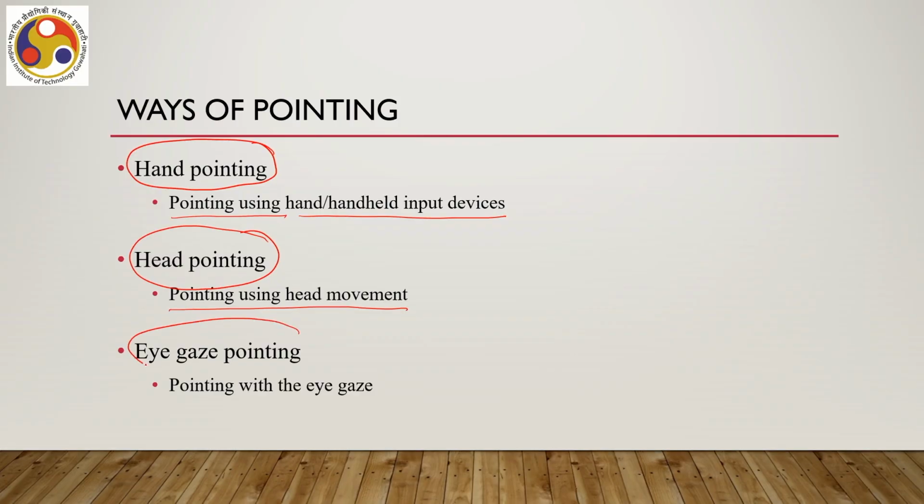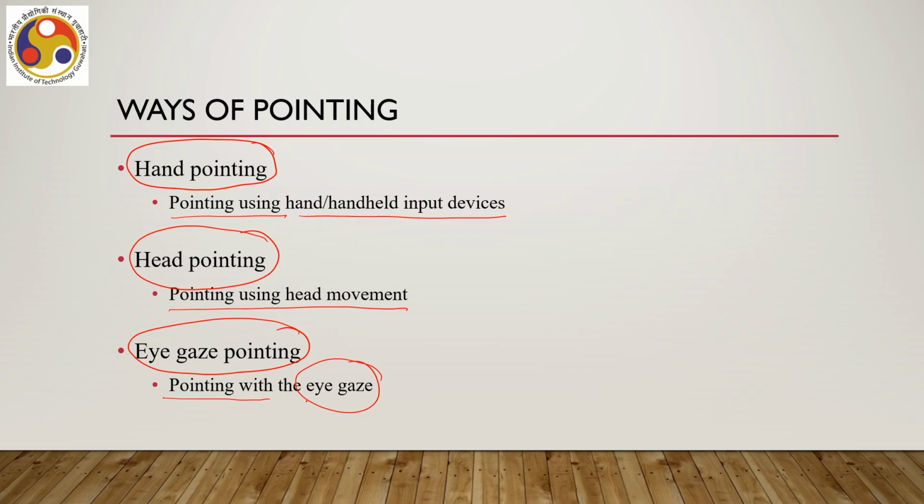Similarly, we can have eye gaze pointing as well, where we are extending the ray using eye gaze controlling devices or eye trackers, and with the change in eye gaze we can change the pointing as well.